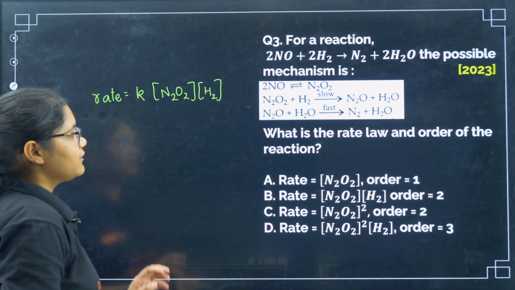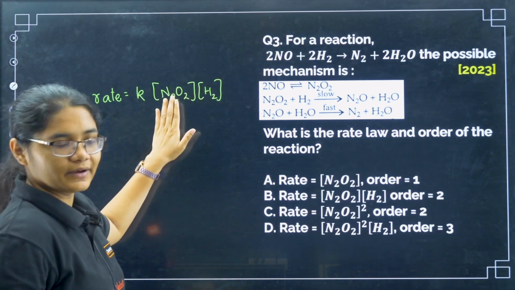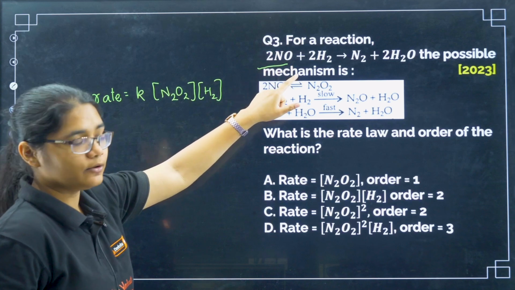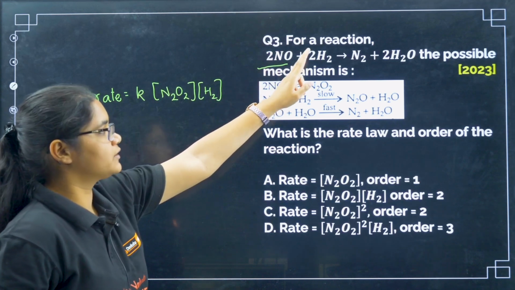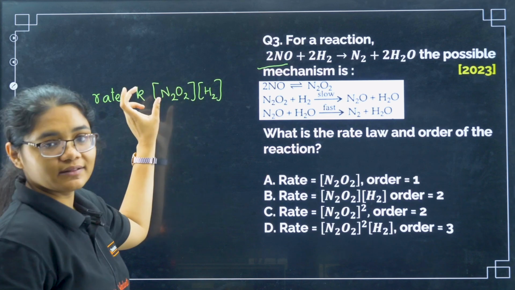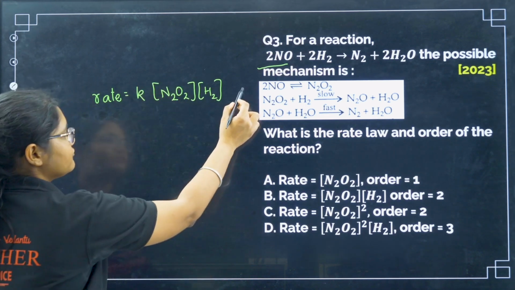But if you see in the final equation, we don't have N2O2. This is not there in the final equation. In the final equation, I have 2NO plus 2H2 gives me N2 plus 2H2O. So that means I cannot have N2O2 in this equation. I have to represent it in a different way. So I can see the first equation.